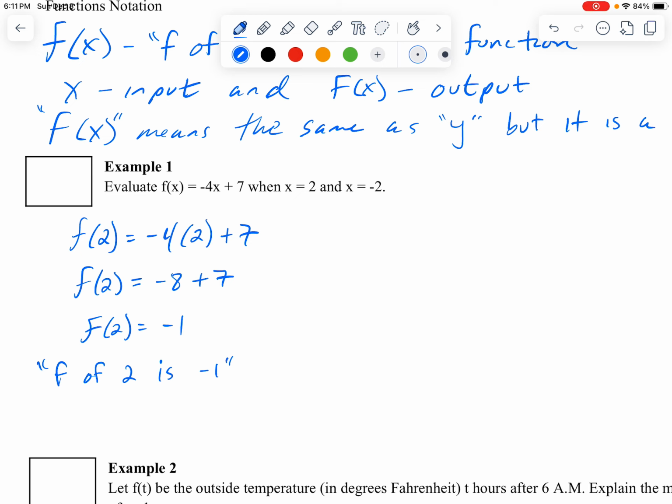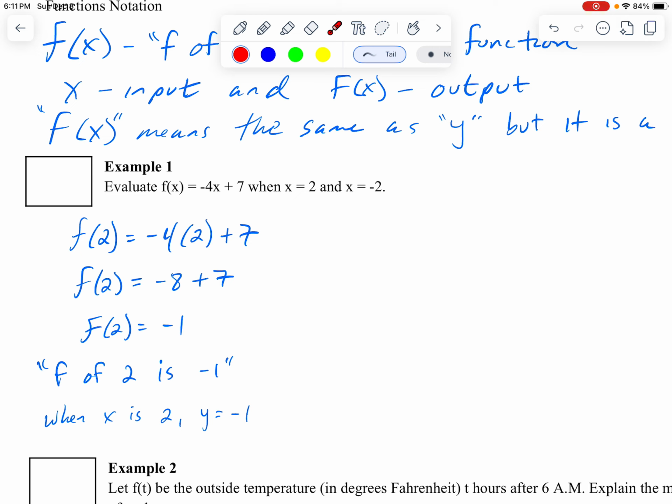And what this means is, when x is 2, then y is negative 1. Basically, it's a solution to this equation, right? If x is 2, then f of x is negative 1, which means the same thing as y is negative 1.